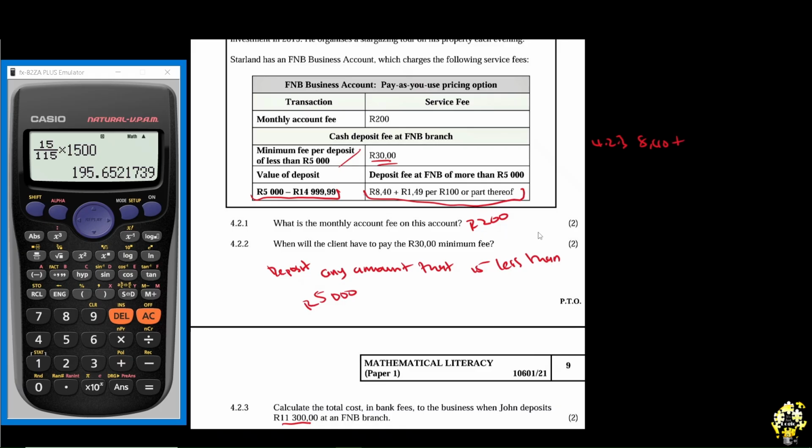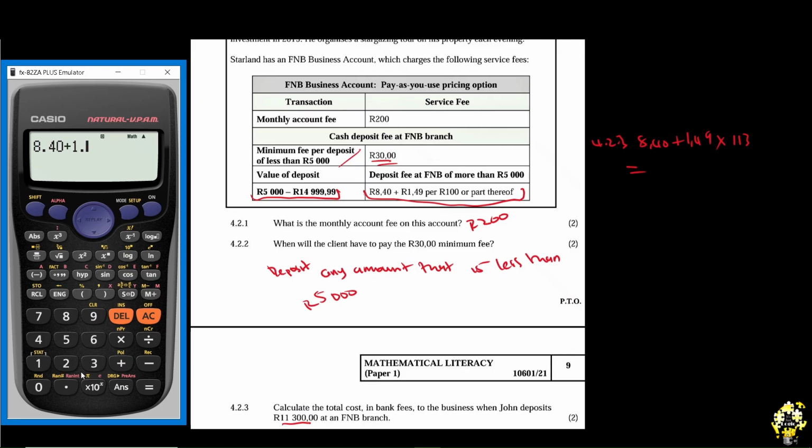By now it's long that you've been pausing the video and you've been doing these things by yourself. And then we have to multiply. How many 100 rands are in 11,300? To do that, we are going to say 11,300 divide by 100 so we can find how many. Oh, we actually have 113 100 rands. Yes, let's go to our calculator and say 8 rand 40 cents.